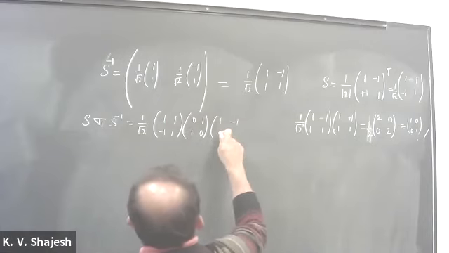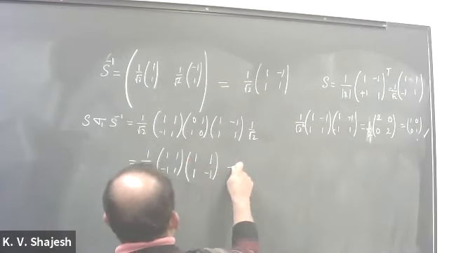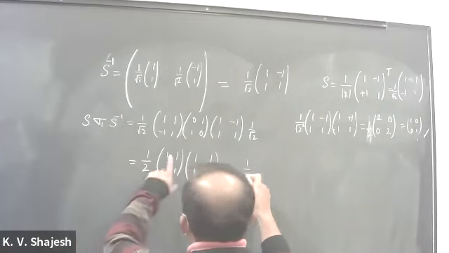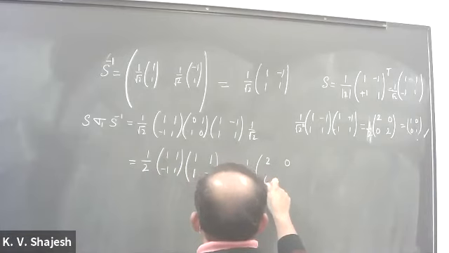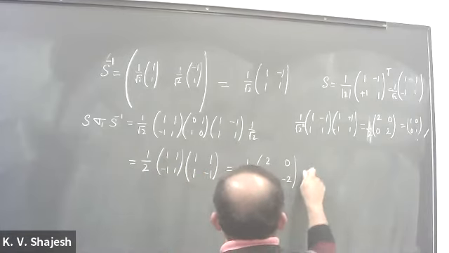Let me leave this alone and multiply this. So that's equal to 1 over 2 times 2, 0, 0, minus 2. So that's indeed 1, 0, 0, minus 1.